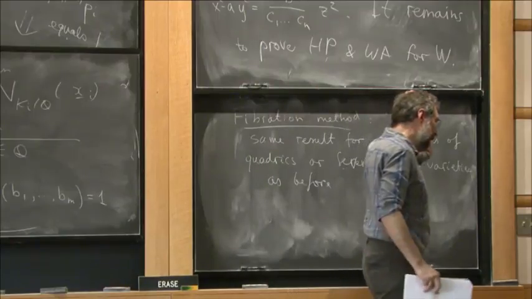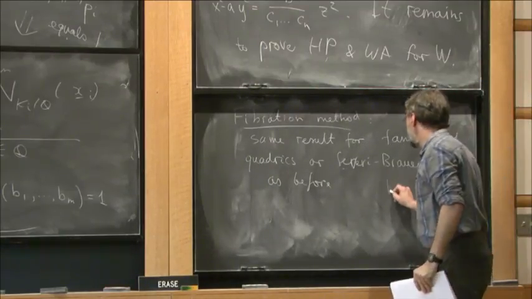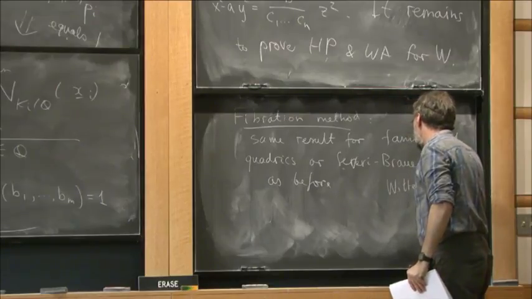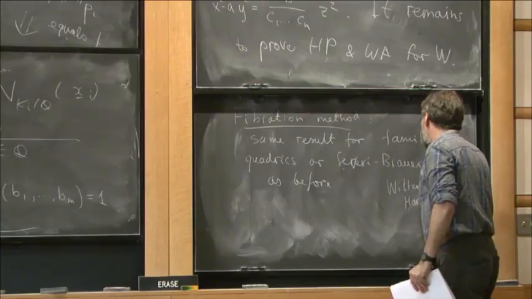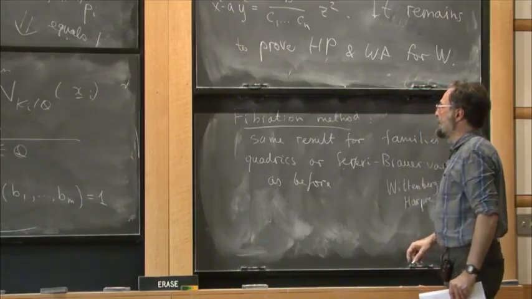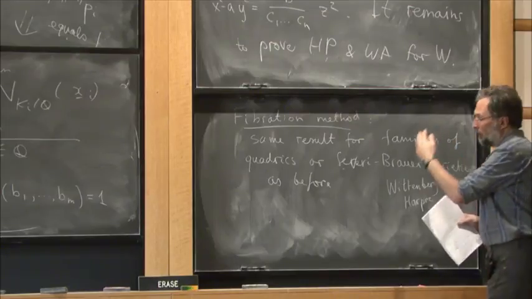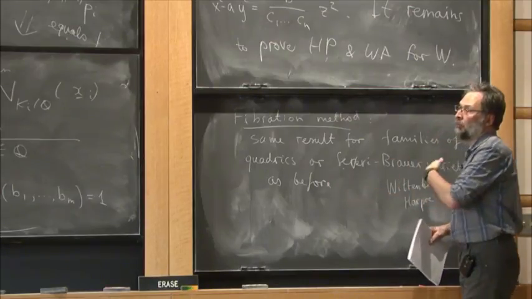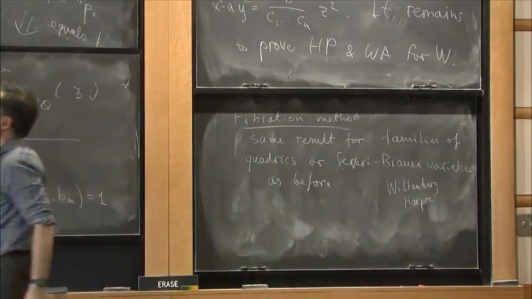I think Olivier Wittenberg and Yonatan Harpaz are working on a better result. So I expect that one will be able to treat cases when the fibers are not assumed to satisfy the Hasse principle and weak approximation, but maybe just satisfying a condition of this kind.